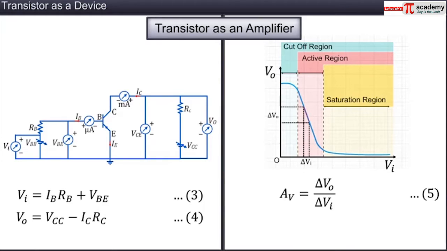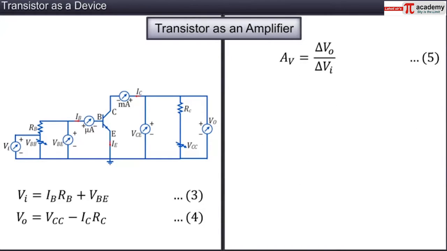When the input voltage VI is at the midpoint of the active region, then the circuit behaves as a common emitter amplifier with voltage gain AV. This voltage gain AV can be expressed in terms of the resistances in the circuit and the current gain of the transistor. We know that the current gain of the transistor, beta AC, is equal to delta IC by delta IB.